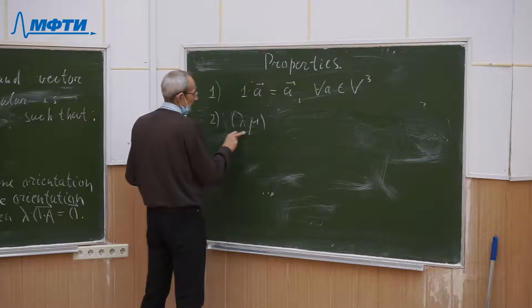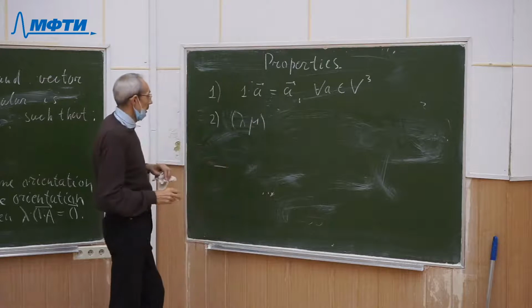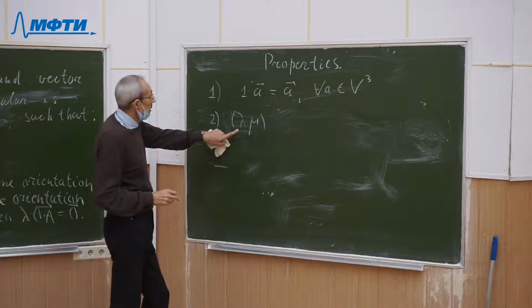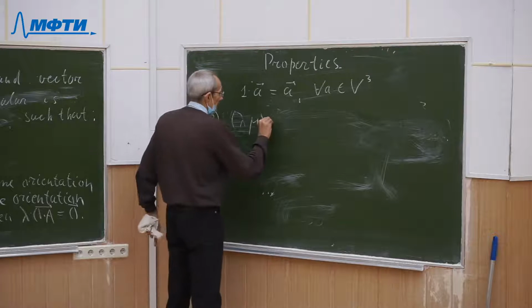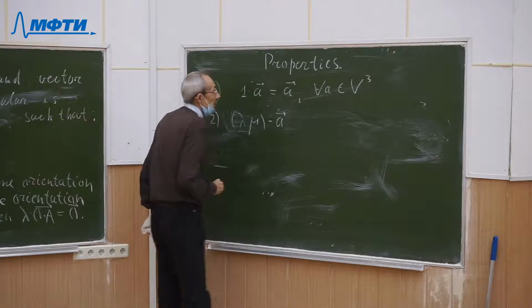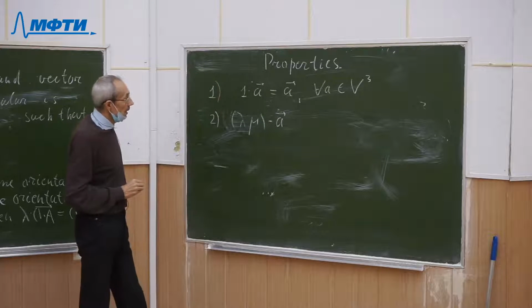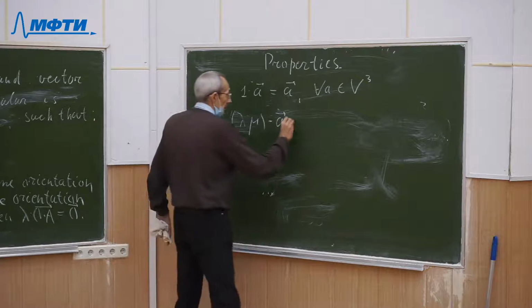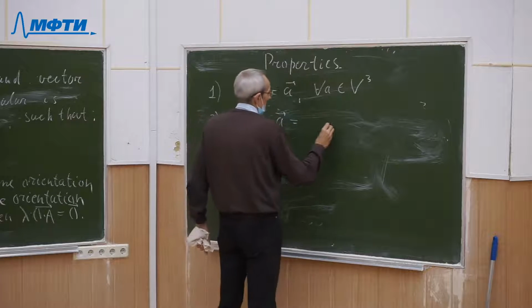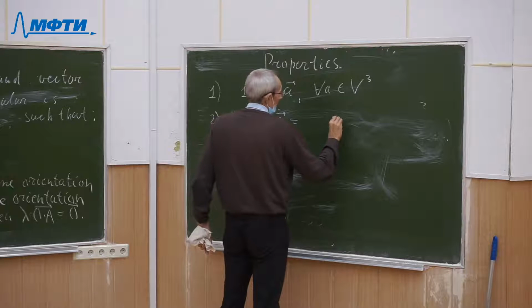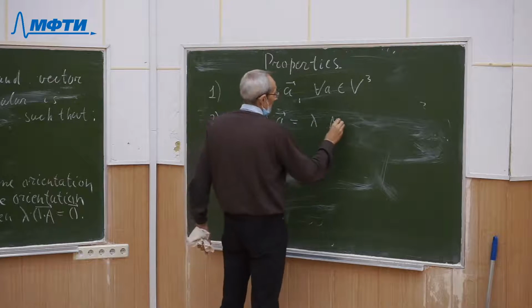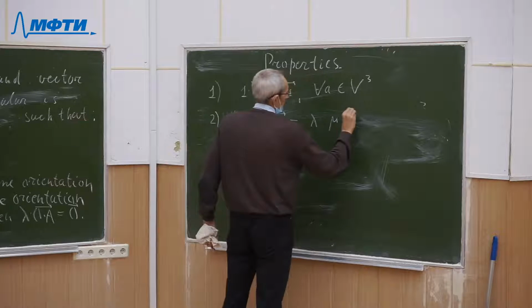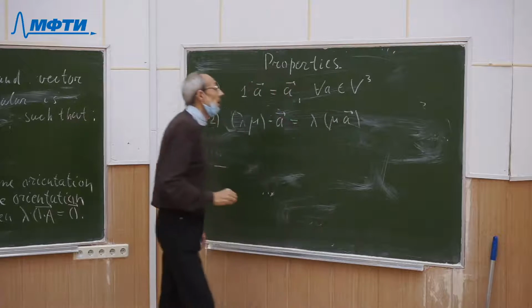If we multiply one number lambda on two numbers lambda mu and multiply this product on the vector A, we obtain the scalar product of number lambda and the vector which is a scalar product mu and A.